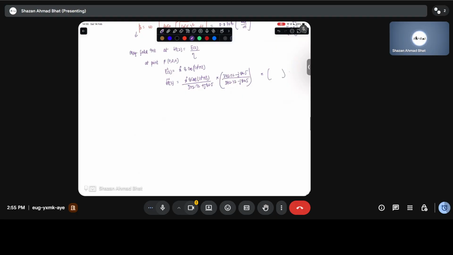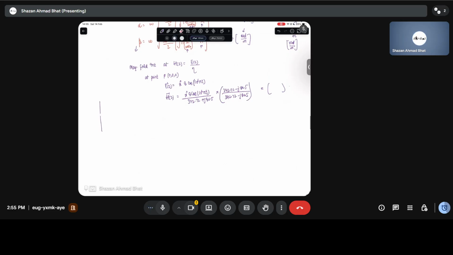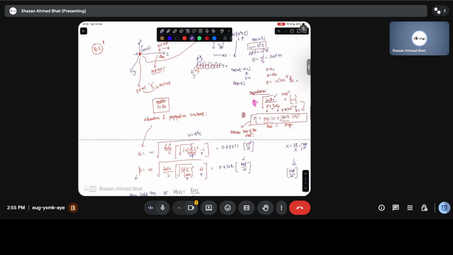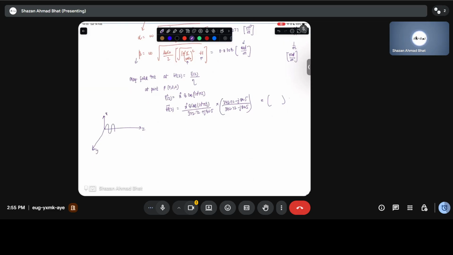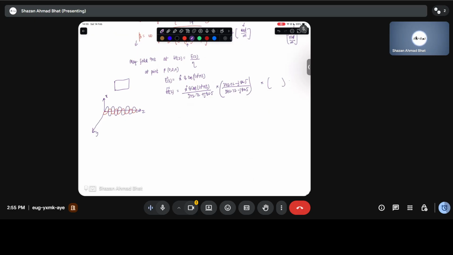But one thing you need to consider here is that the wave is flowing in the z direction. If this is the z direction, this is the x direction, and this is the y direction, then the electric field is oscillating like this and the magnetic field is oscillating like this. Because this is a material system, it's not a lossless medium, it's a lossy medium.